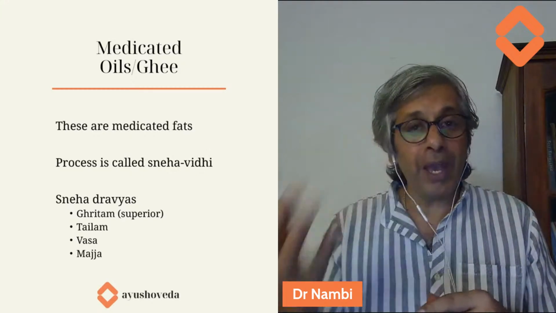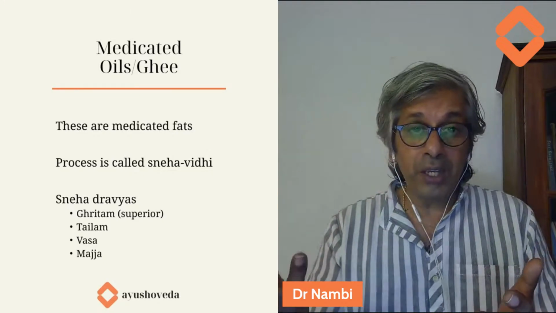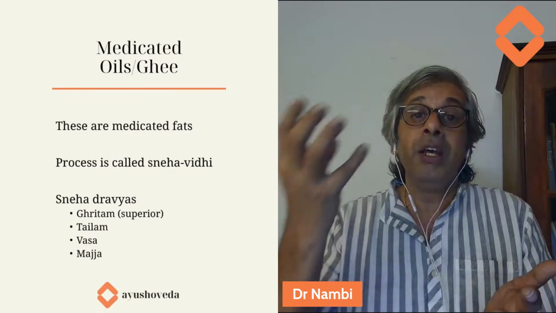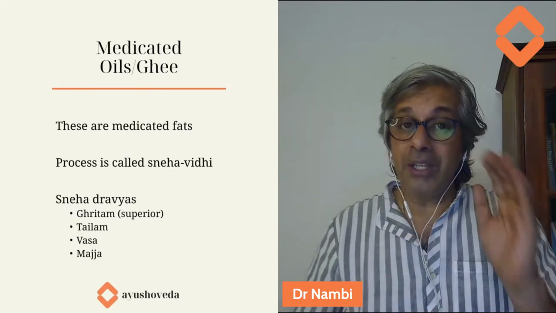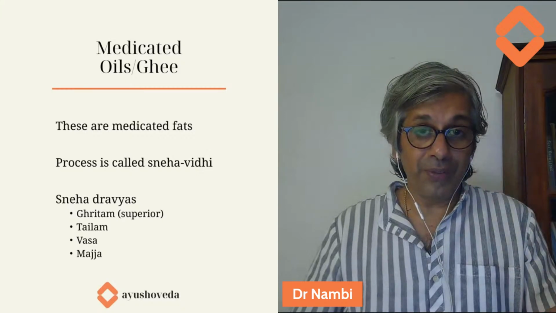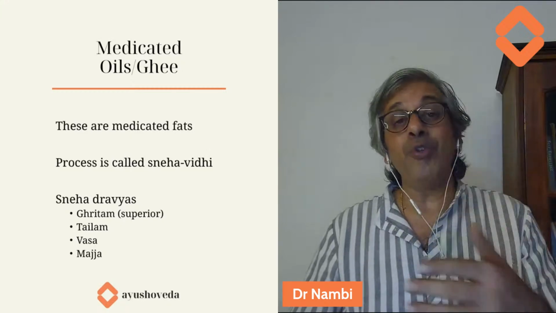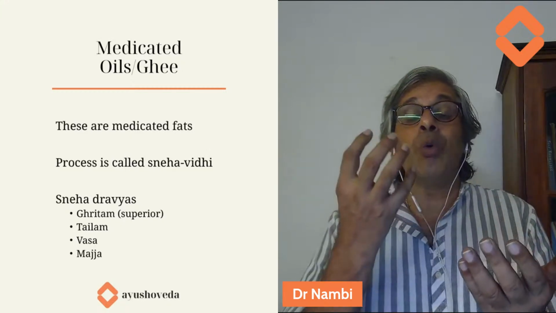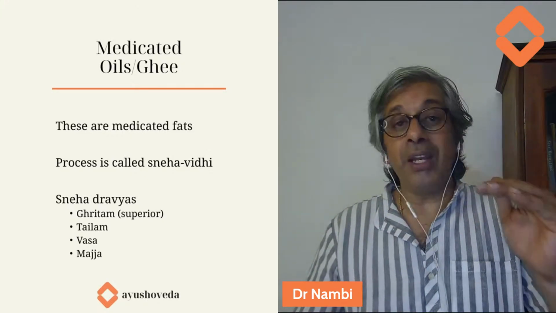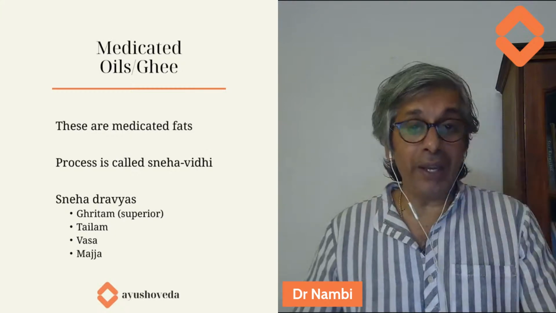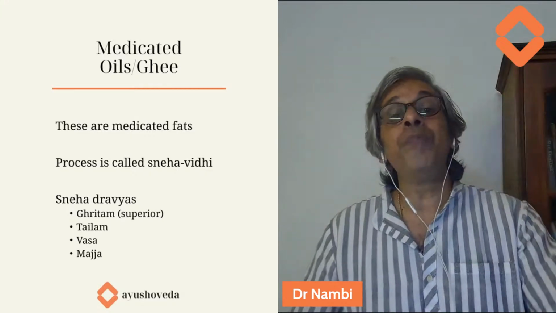But if you add herbs into ghee and make a medicated ghee, the ghee will absorb the properties of the herbs, but it does not lose its own innate property. That is samskarasya anuvartana. Even after you make a medicated ghee, the qualities of the herbs get into the ghee, but the ghee will not leave its own qualities. But with thailam, vasa, and majja, if you medicate them with herbs, you can change their properties. That is why we consider ghee to be superior.